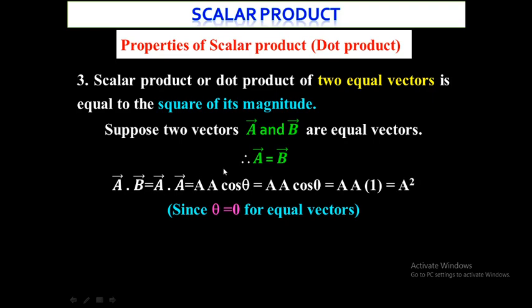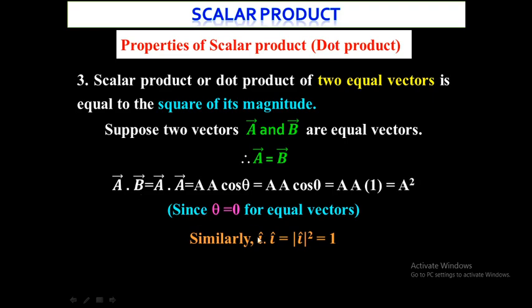When they are equal vectors, the angle between them is 0. So according to the definition, A dot A is A times A cos theta, and the angle between them is 0, so cos 0 is 1, and A times A is A squared. So the scalar product of two equal vectors is A squared, the square of its magnitude.